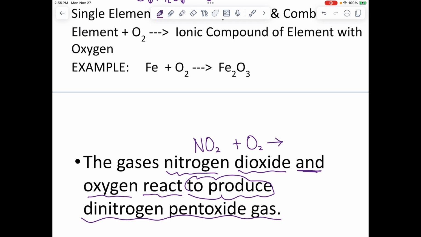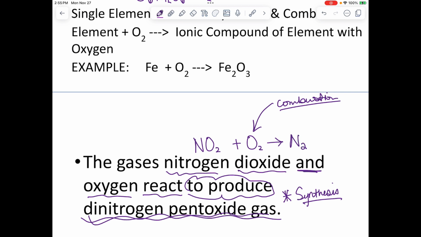So that tells us that not only is this a combustion because of the oxygen, but because we've only got one product, this is also a synthesis reaction. And so our product, it tells us that we've got dinitrogen, so N2, pentaoxide, O5. So there is our chemical reaction for the first example.